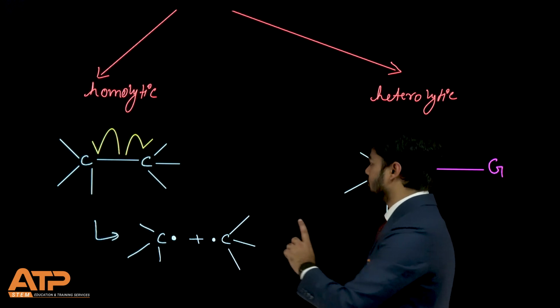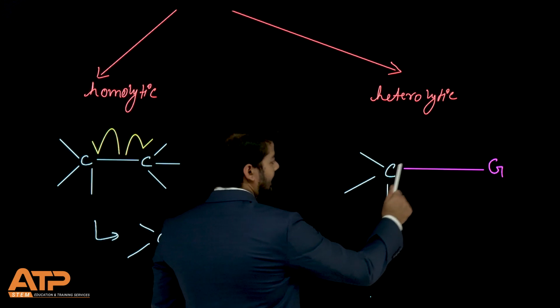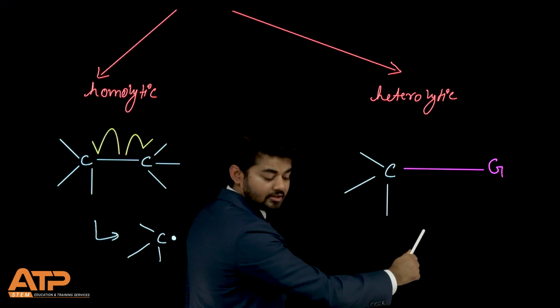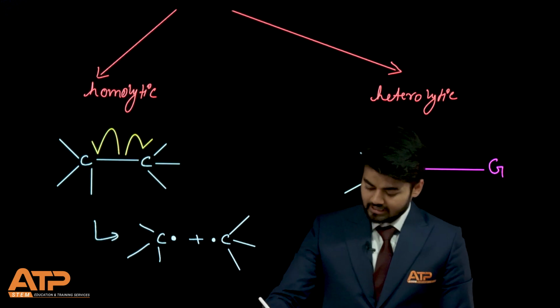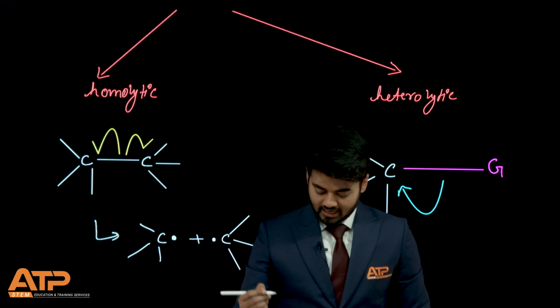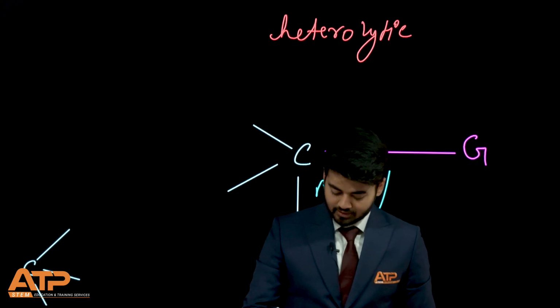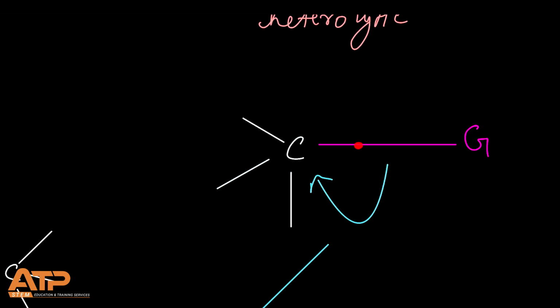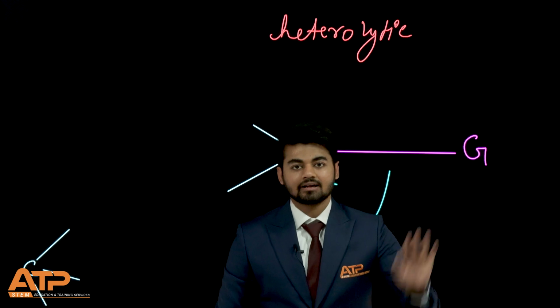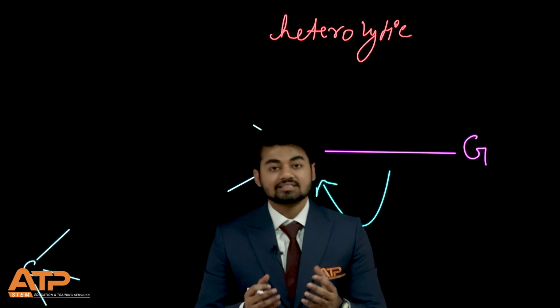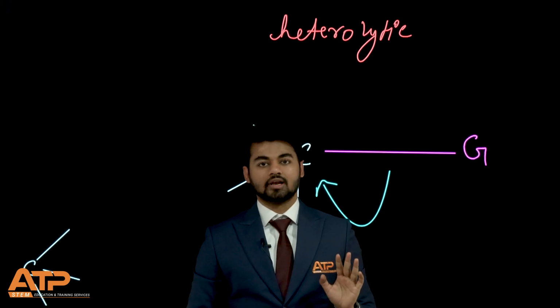So I have one more sigma bond, between carbon and G here. Two possibilities we have in heterolytic bond breaking. In this sigma bond, the pair of electrons, both electrons, are given to carbon and G moves away in such a way that carbon took both the electrons.